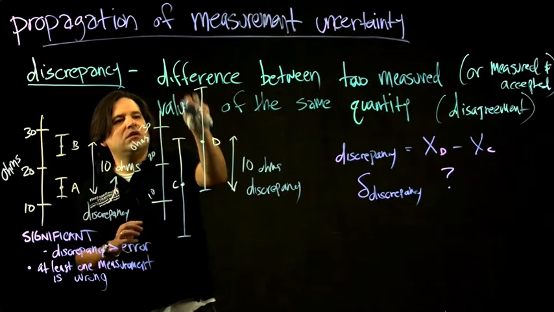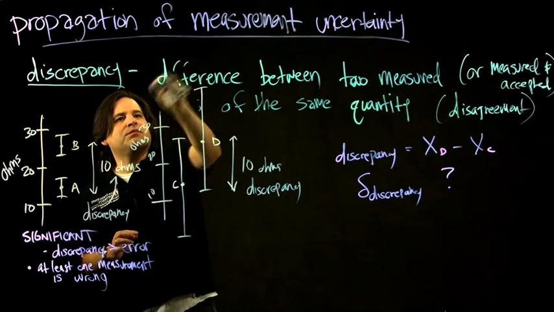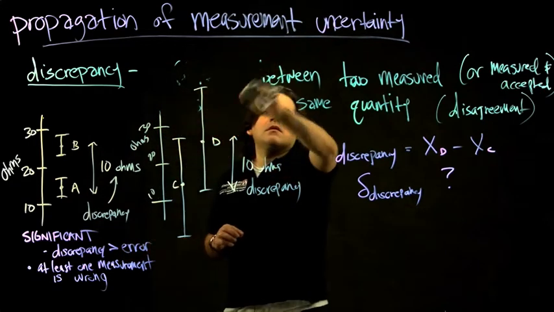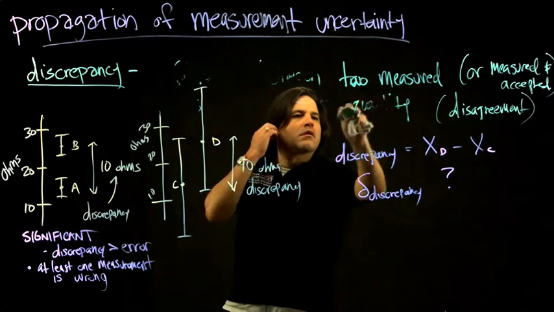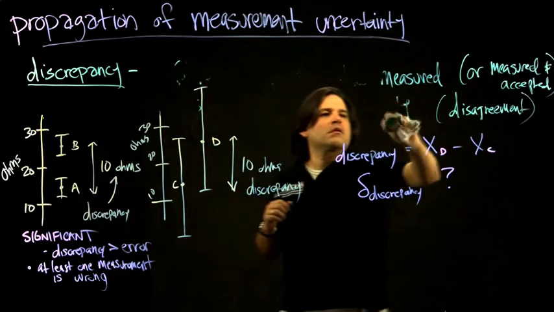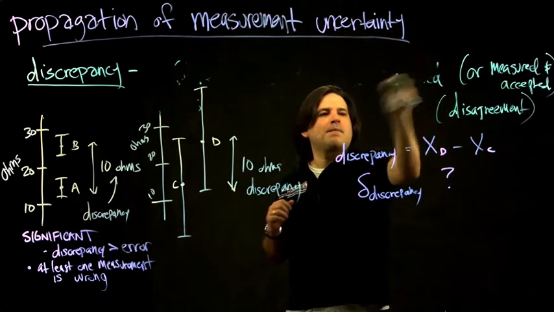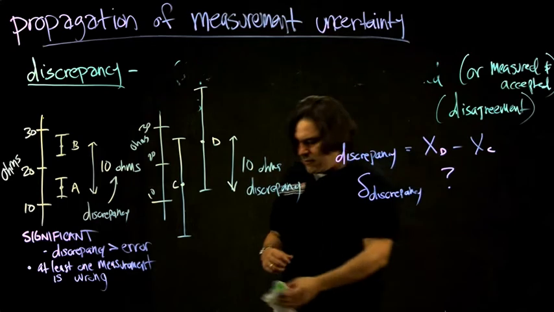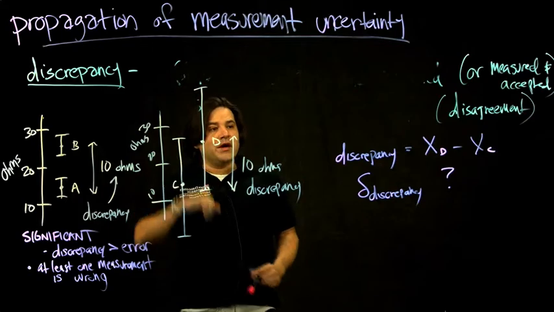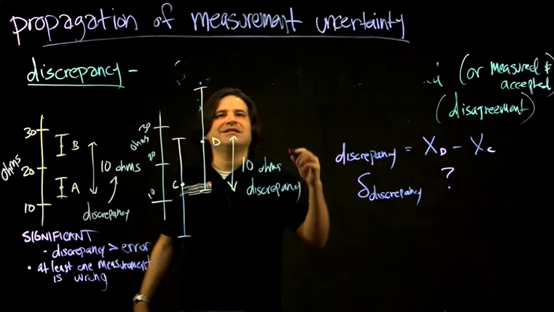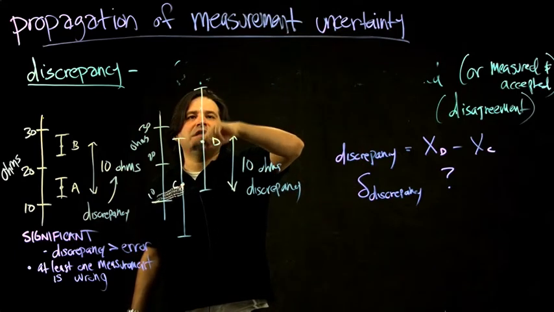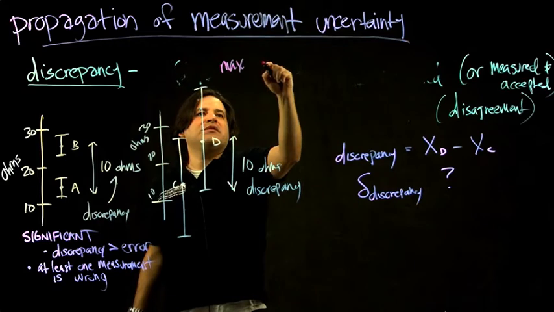And we'll describe this in terms of this graph here. So we have these error bars. Well, one way to think about it is the maximum error, or the maximum value based on these error bars, the max discrepancy.